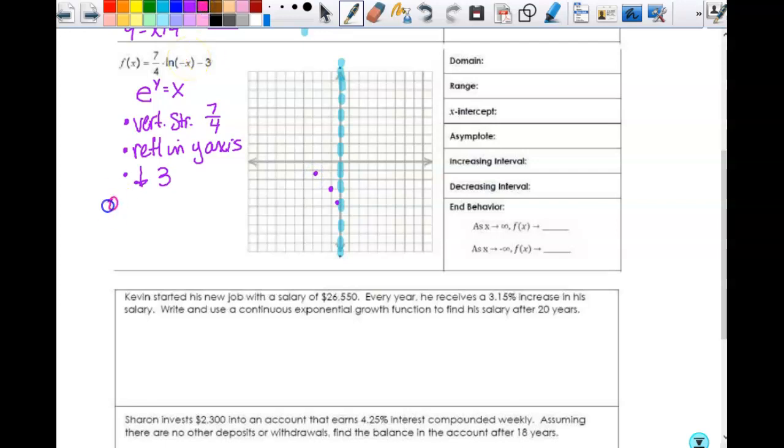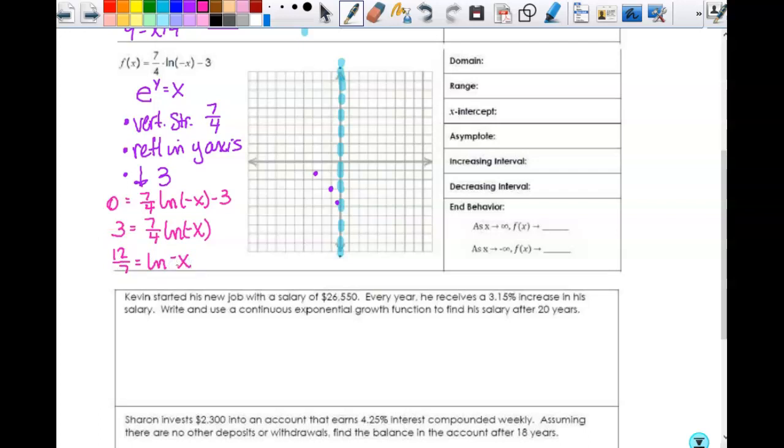So x-intercept is when y is 0. That's equal to 7/4 times the natural log of -x minus 3. So I add 3. 3 is equal to 7/4 times the natural log of -x. Multiply both sides by 4/7, so I'll get 12/7 equals the natural log of -x.